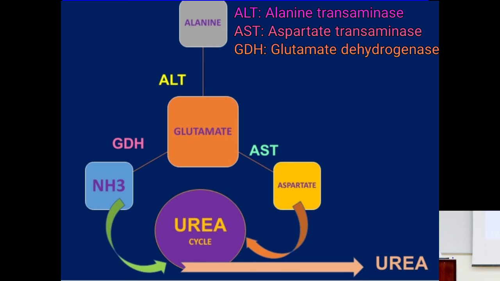And this is really AST. This reaction would be AST. Aspartate transaminase catalyzes this reaction. The other fate of glutamate that has collected nitrogen from many amino acids is glutamate dehydrogenase. It can release ammonia directly.